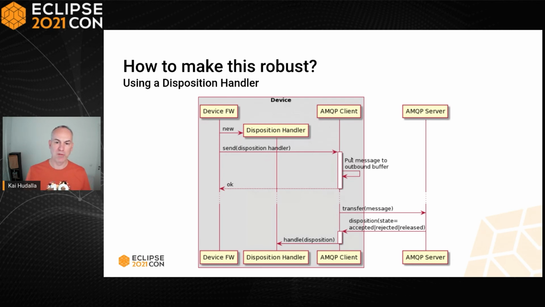When you invoke send message, you provide a pointer to a piece of code that you have created, which is then later notified about the outcome of the transfer. Thereby, you have a chance of reacting to the outcome of the transfer.